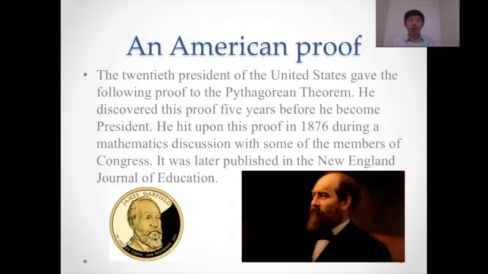He hit upon it in 1876 during a mathematical discussion with some members of Congress, and it was later published in the New England Journal of Education. Let's take a look at President James Garfield's proof. Actually, I really like this proof because it is very easy to understand, right?